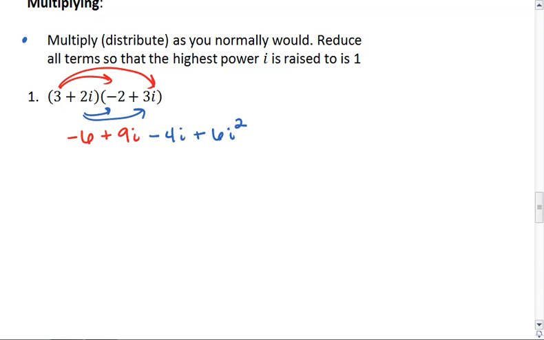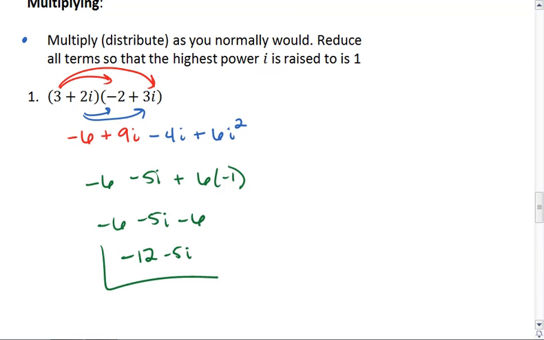We can simplify. We get negative 6 minus 5i plus 6i squared. Well, that's the same as 6 times negative 1. So we get negative 6 minus 5i minus 6, negative 12 minus 5i. And that's our final answer.